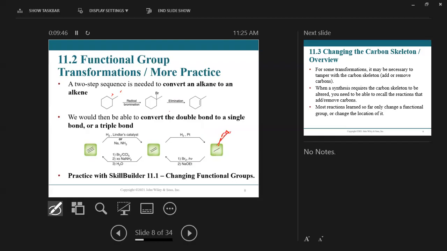Once we had the bromine there, then we just have to eliminate it with the base. So that base will come in here, form that double bond, and we're here. And we can do it when we use a stronger base to go to here then. Again, we'll have to add the bromine there to have a good leaving group, and then we can go to the triple bond. So these are just some things to think about, going back and forth.